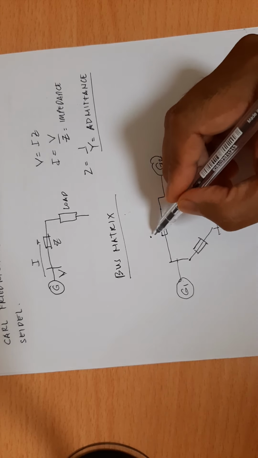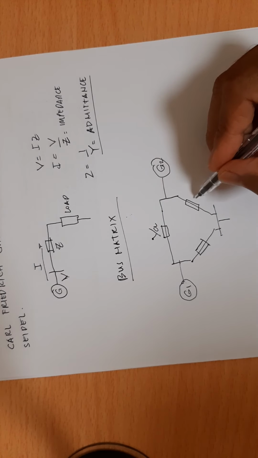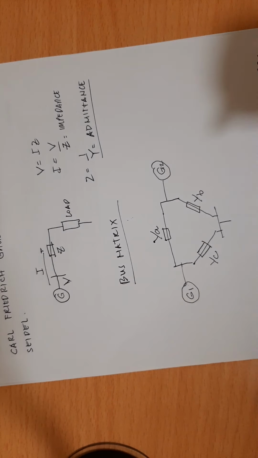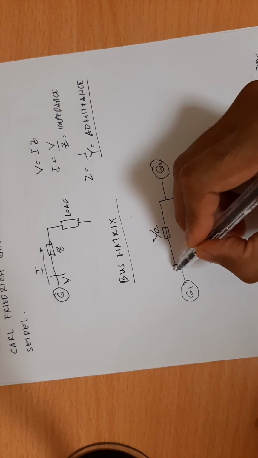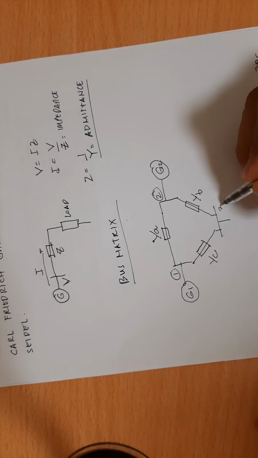We will directly write them as YA, YB, and YC, and this is our bus 1, bus 2, and bus 3.